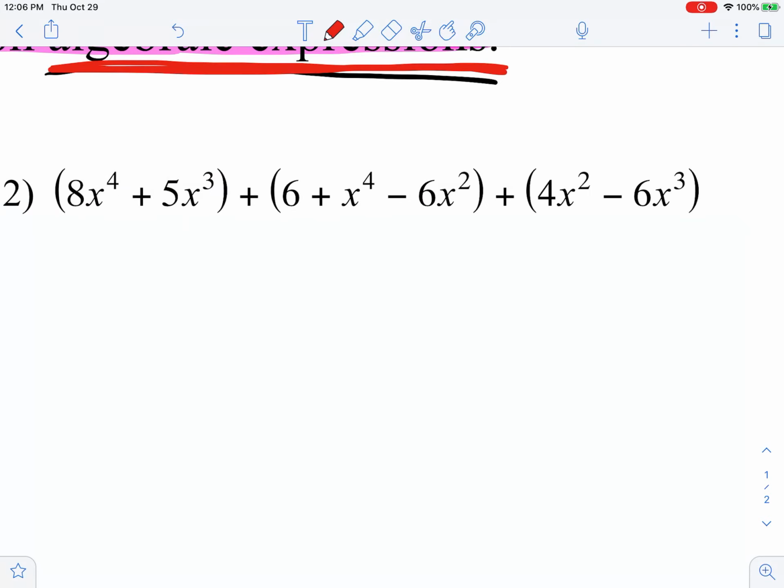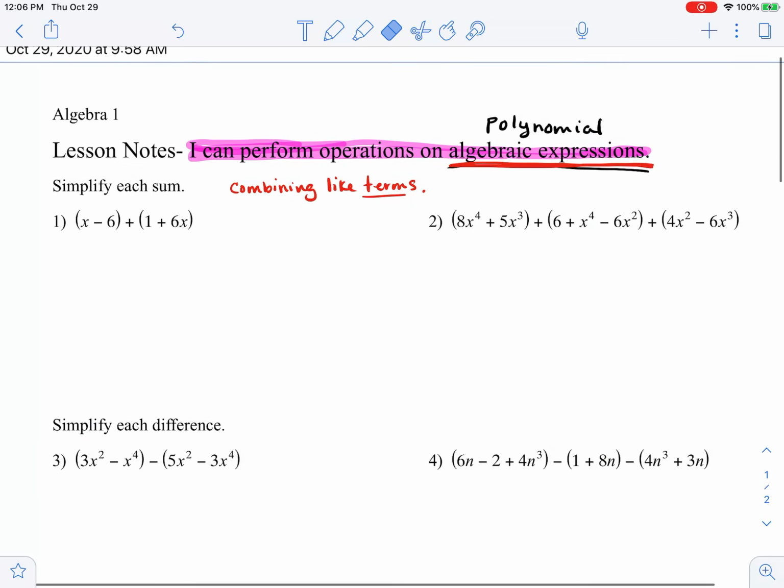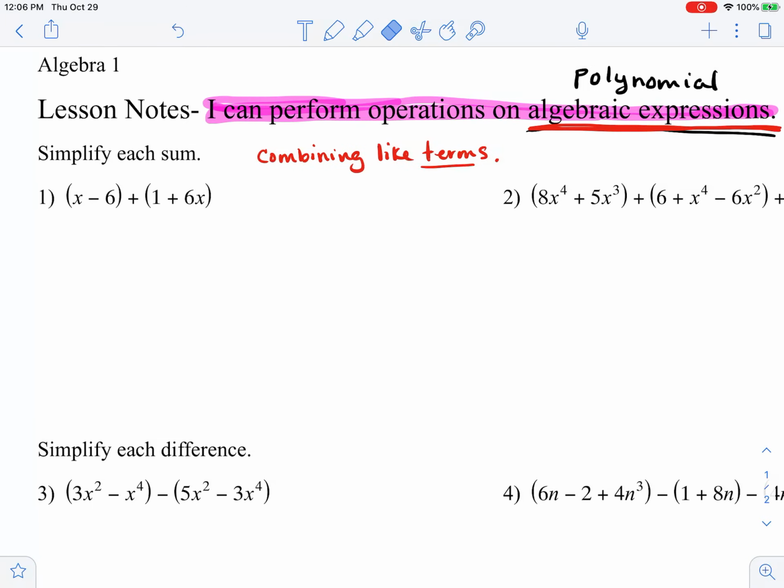If we look at this middle algebraic expression or middle polynomial here, you'll notice that there are 1, 2, 3 terms, and each of those terms is separated by either addition or subtraction. So when I use the word term, I'm talking about a part of an algebraic expression or part of a polynomial. With that being said, when we're adding algebraic expressions together, what we're doing is we're combining like terms together.